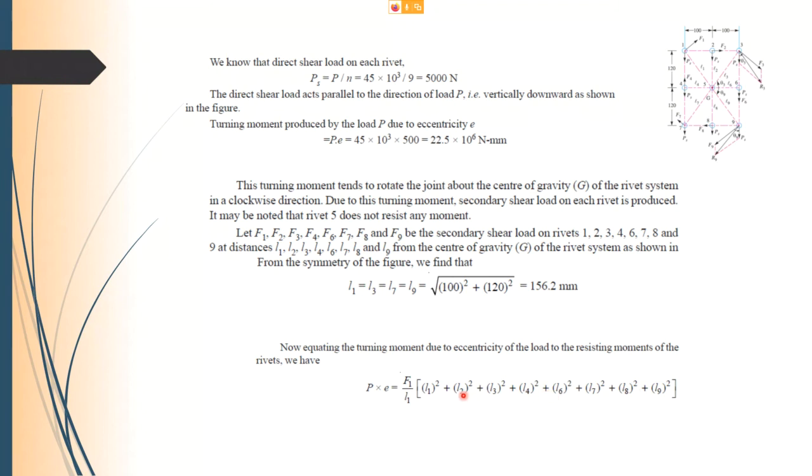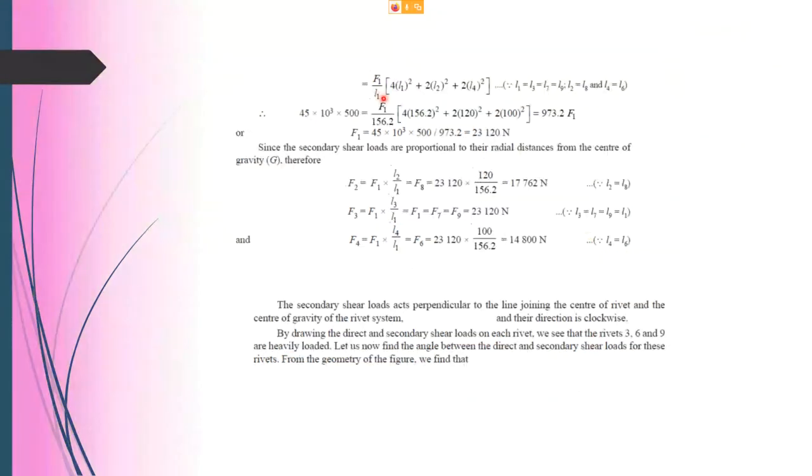Then P times e you have already found, which is in Newton millimeter. Eccentricity is 500 mm, P is 45 kilonewton. So F1 is the subject, and you will be able to calculate F1 from this formula. Based on these steps, you will come to F1 equals 23,120 Newton.